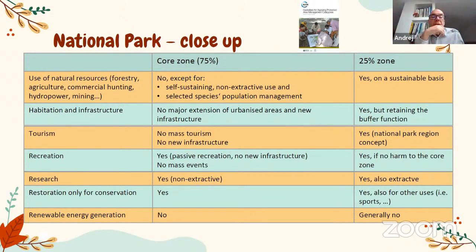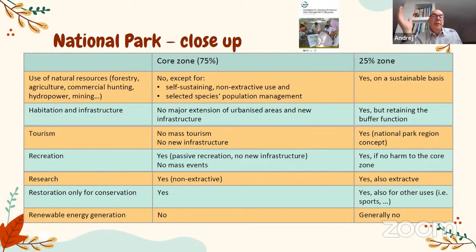I made this table for the purpose of this presentation. In the first column, you have the key uses of natural resources in national parks, and in the main column you have what is allowed or not allowed in the 75% zone. Of course, you have to adapt, but you will see the guidelines, and you have an explanation of what could be done in the 25% zone of a national park.